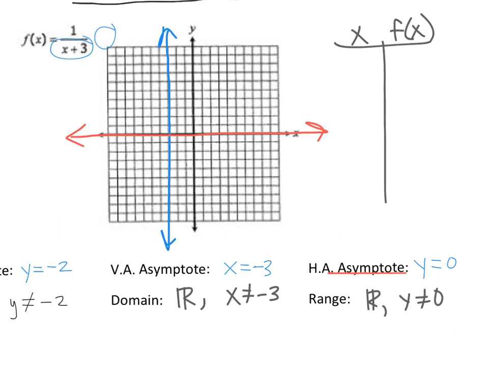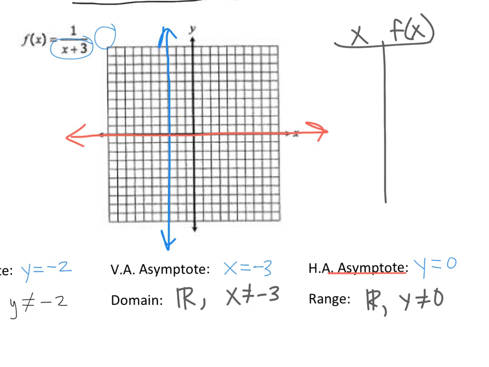I know it's a positive, so I know the branches are going to be in this quadrant over here. I want to pick values that are closest to the intersection, which is going to be the easiest. So I'm going to plug in numbers for x. A good one to plug in would be -2.